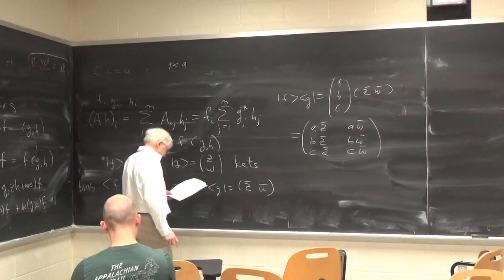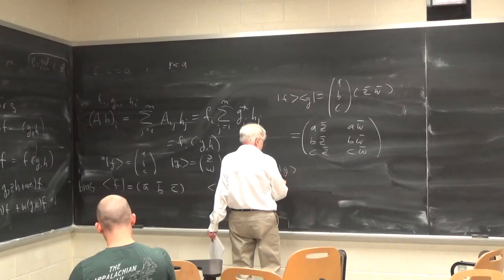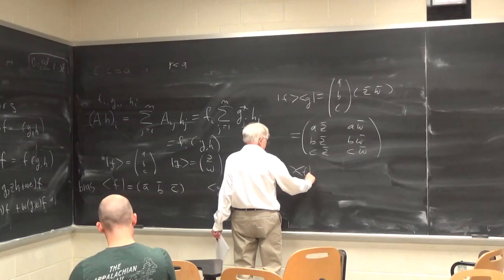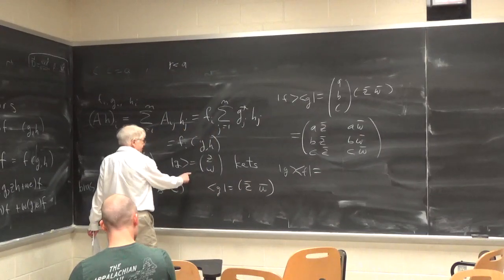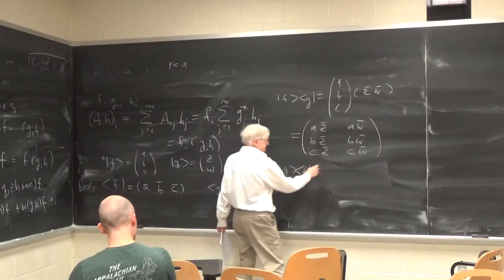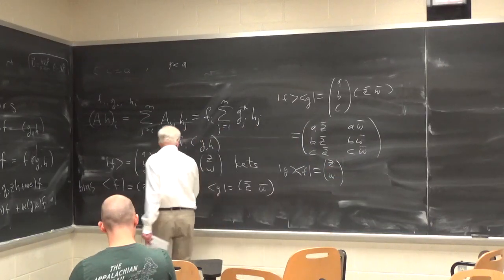And similarly, the ket G and the bra F: it's the ket G, so that's (Z, W), and the bra F is that.